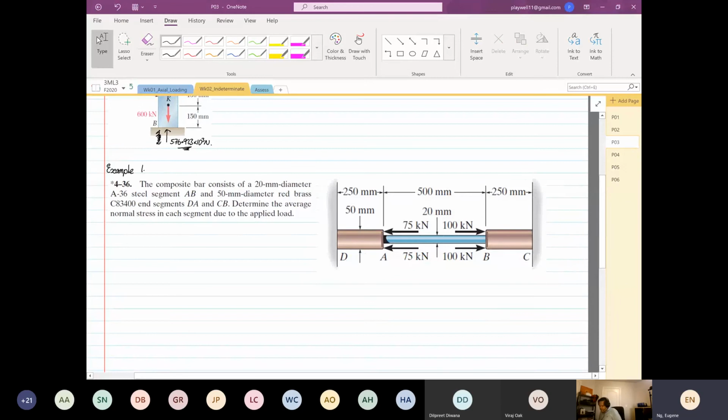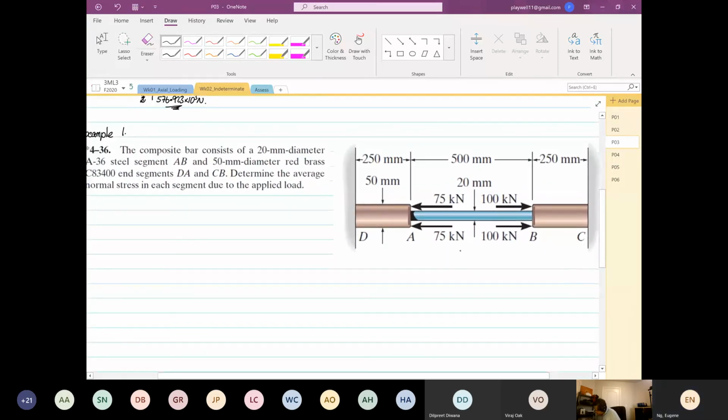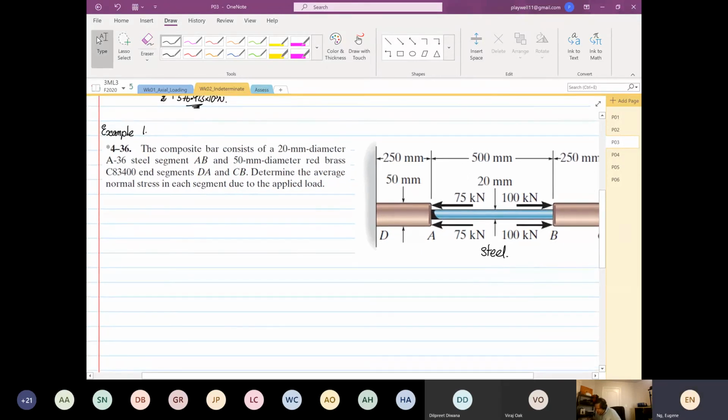So we have a composite bar, which consists of a 20 millimeters A36 steel, AB. So AB is made of steel. Then 50 meters red brass at DA and CB.